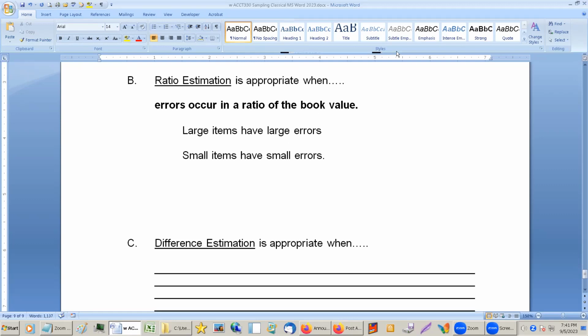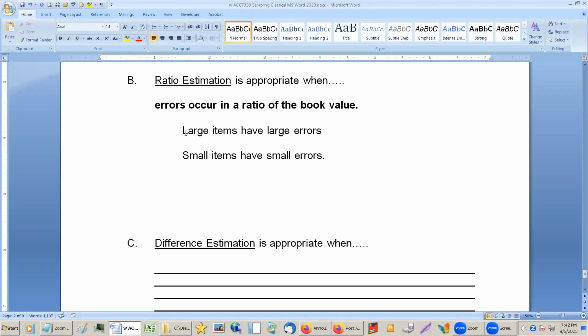If someone has a $50 account, it's probably not going to be misstated by $50,000. Yes, it probably occurs, but very rarely. It's much more common to have a $50 million account be off by $50,000. So there's a ratio.